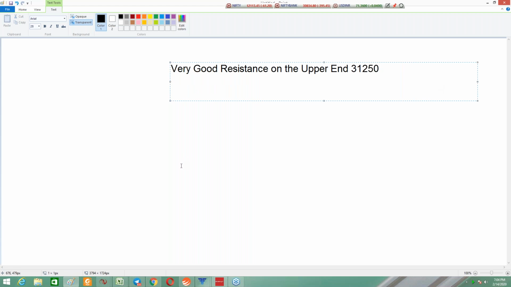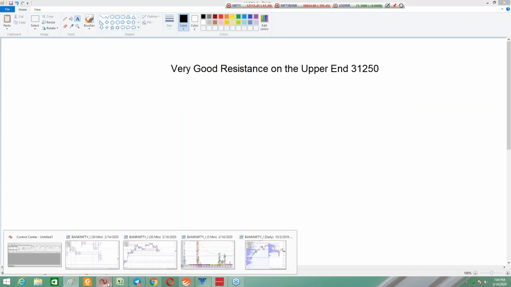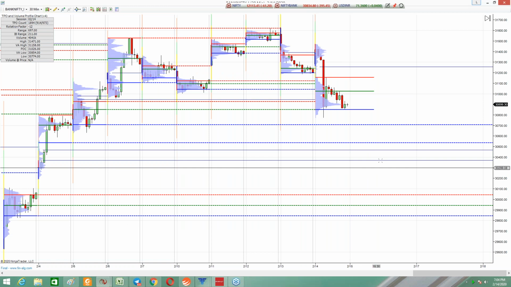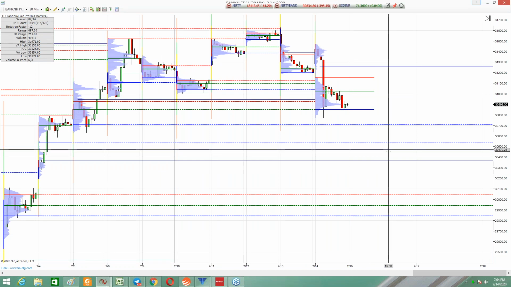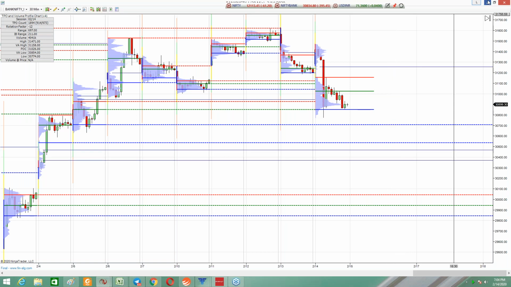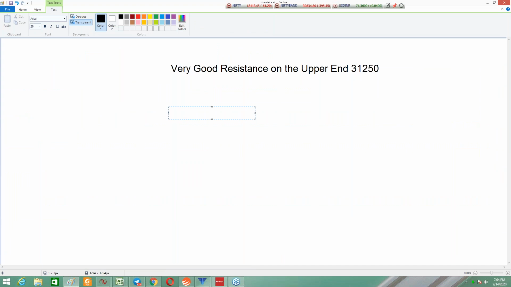On the downside, the first and foremost important levels that are available for Bank Nifty are between 30,470 to 30,360. That is a roughly 100-point range.